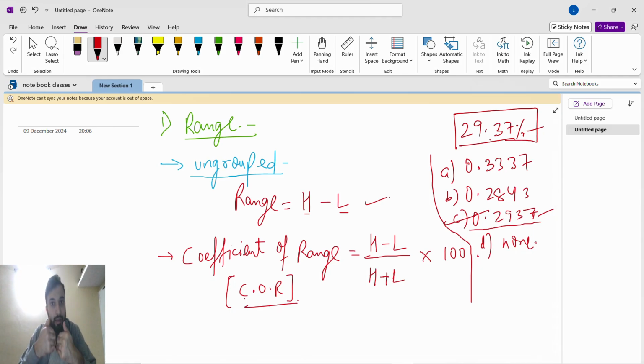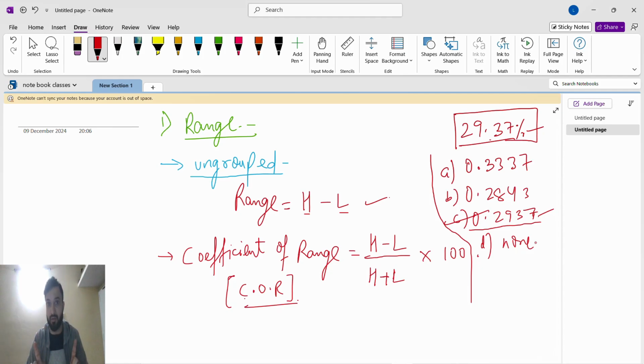The options will come in three types. First, they give the option in percentage, so that's done. Second, they give the same answer but the percentage symbol is not there, so the answer is still 29.37. Third, they give options like 0.337, 0.2843, 0.2937, which means they have not multiplied with 100, but the answer is the same, 0.2937.